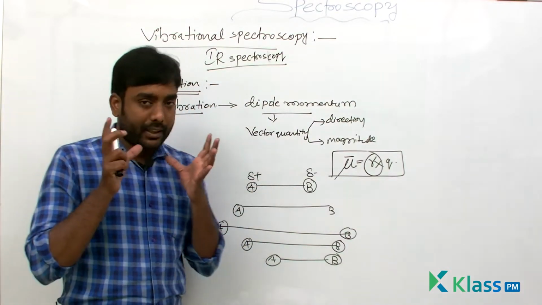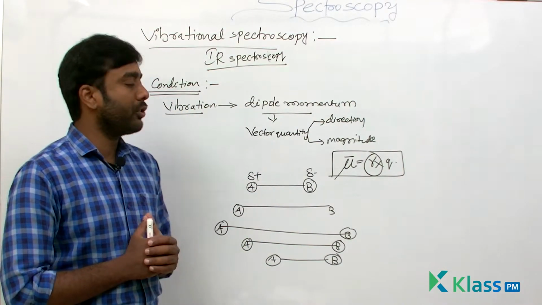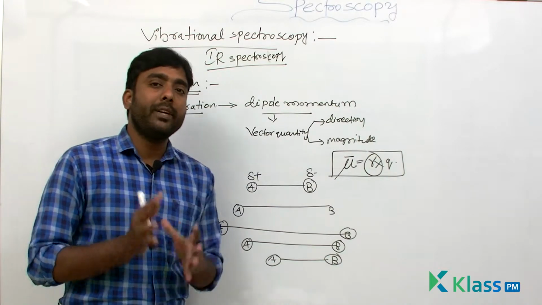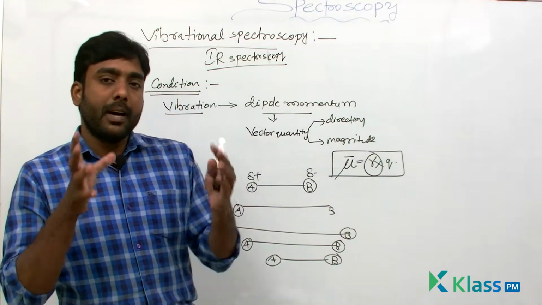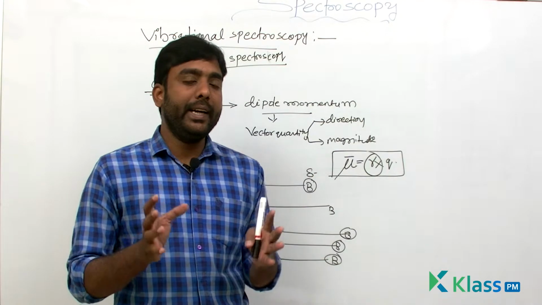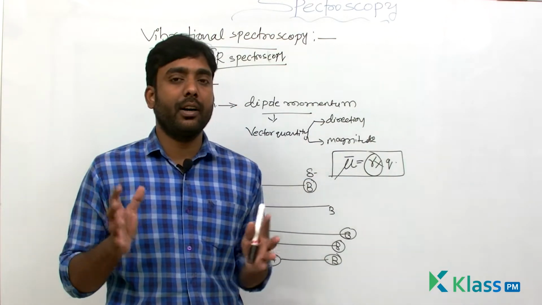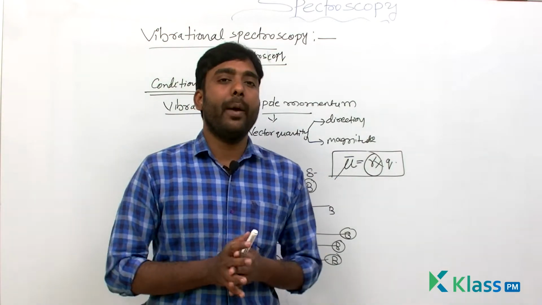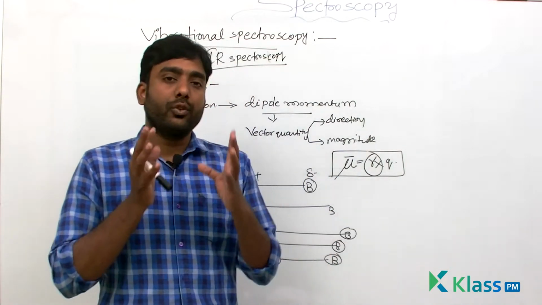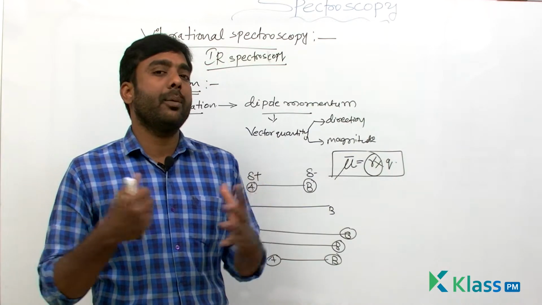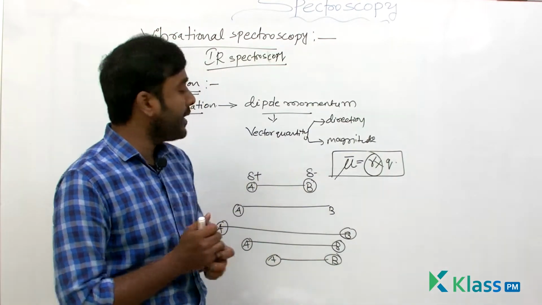So it is only the selection rule also you can call it. The dipole momentum of a molecule is changed when it starts vibrating, when its constituting atoms start vibrating with respect to each other. In that case, dipole momentum is changed. How is the dipole momentum changed?